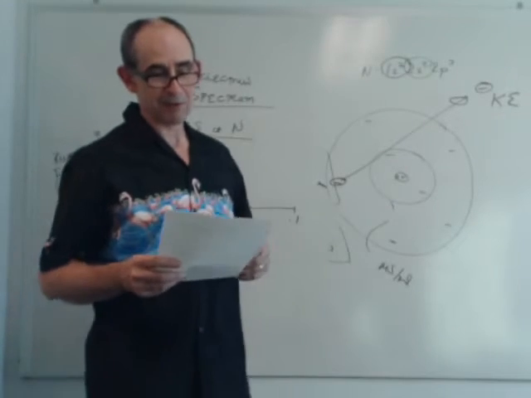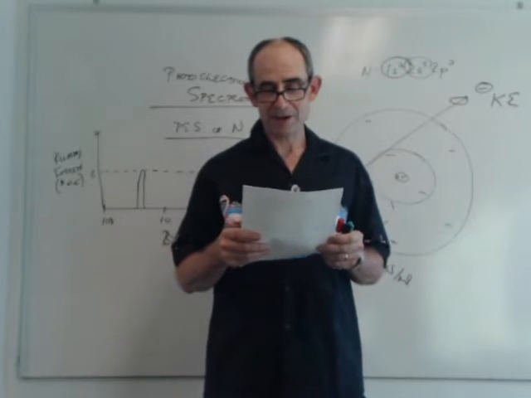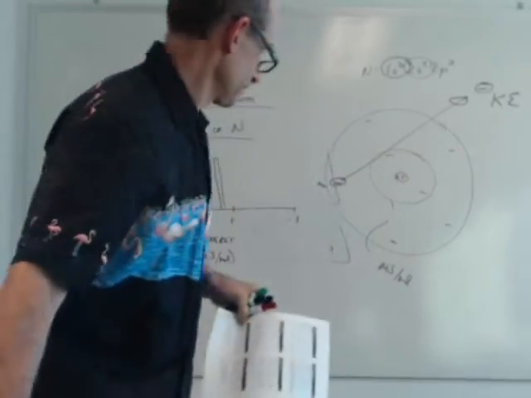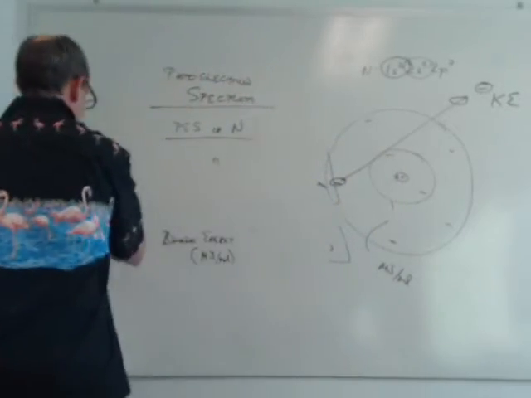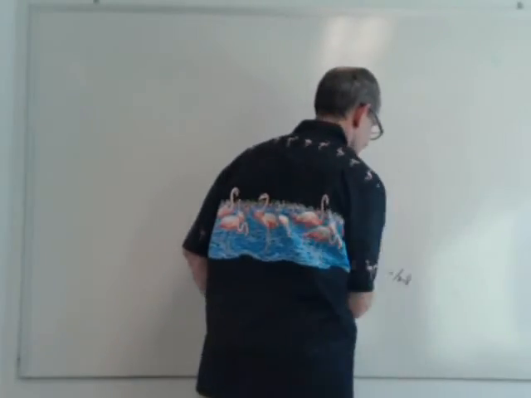If you look at sample question 2, it shows you 2 spectra, one for lithium and one for beryllium. And I'm going to go ahead and very quickly reproduce these on the board here while you take a look at that.